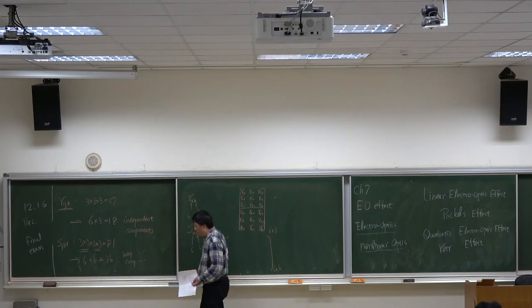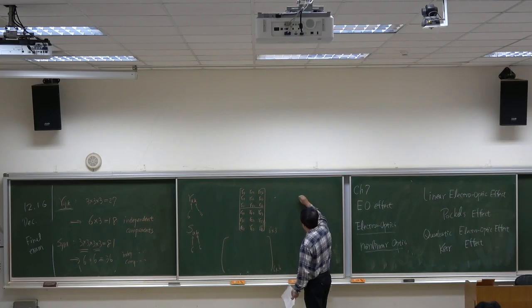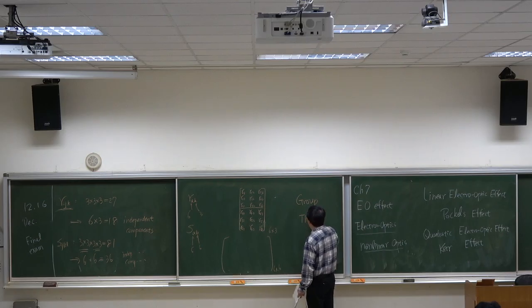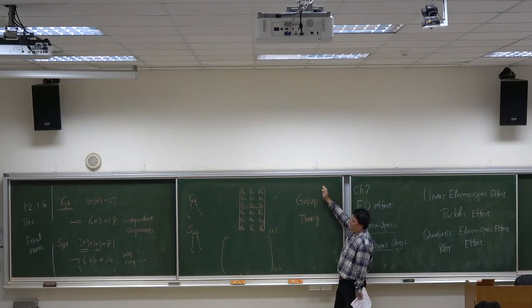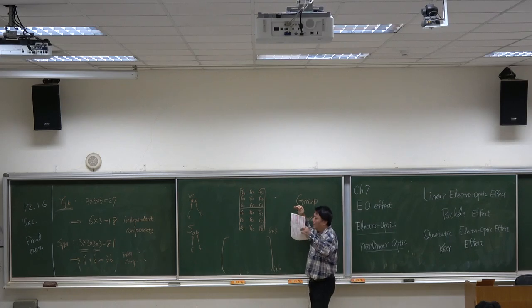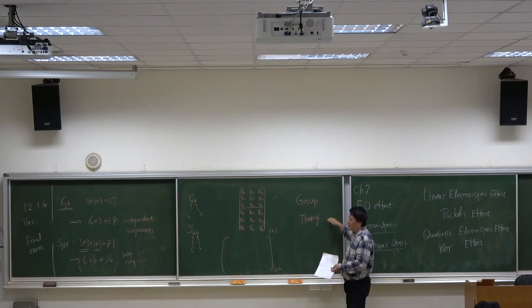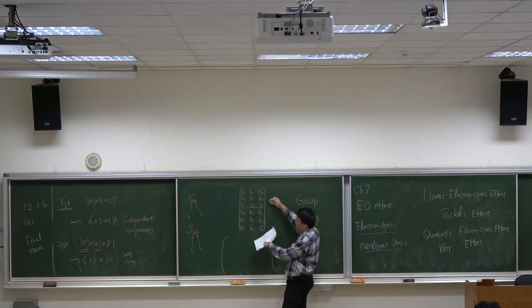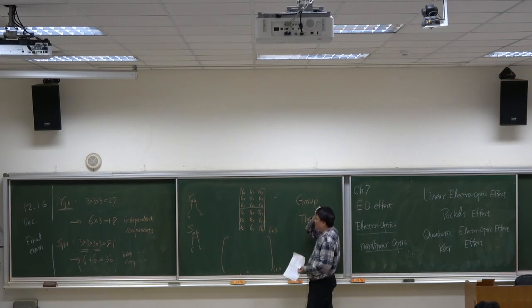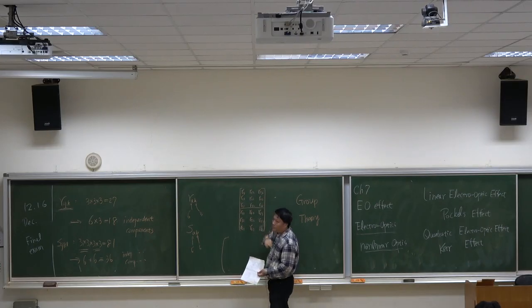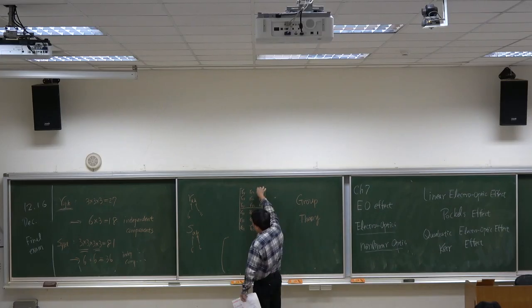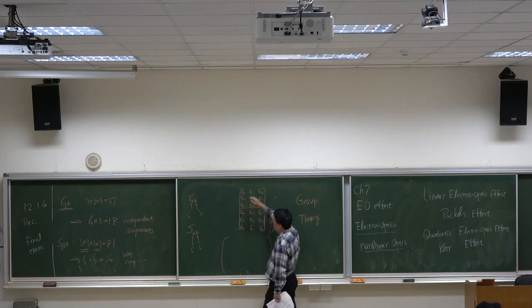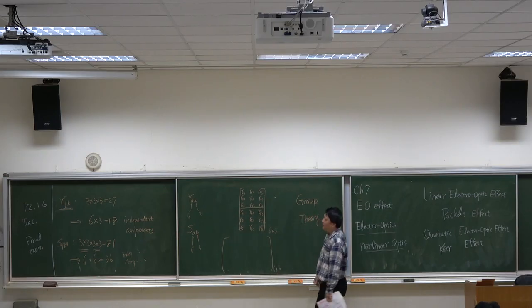There is mathematics called group theory. Some experts can apply some theorem or some method in group theory to study the symmetry of the crystal. And then they can conclude that some components become 0. So if we check the table about R_Ak, then you see most of the components are 0.